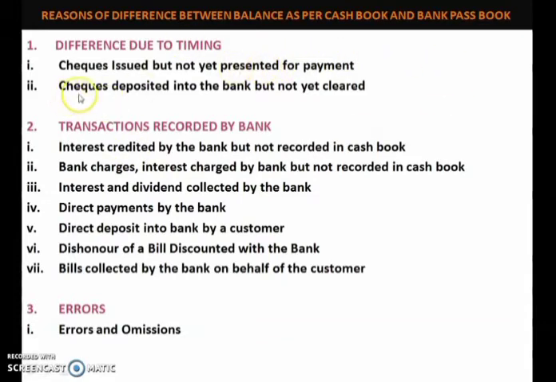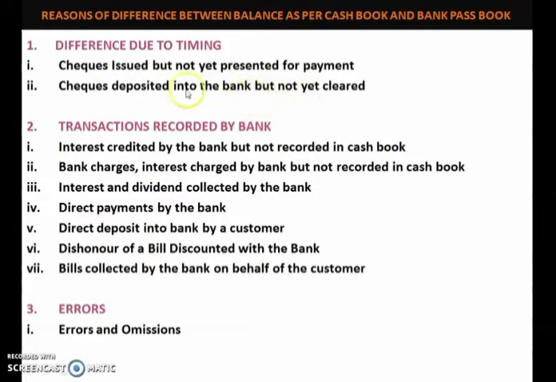Same is the situation when a check is deposited into the bank but not yet cleared. See children, we all know that in the bank we can deposit a check. But when we deposit the check, we have made an entry in our cash book receipt side, bank column, that the check has been deposited. But the bank has not recorded the same. In the deposit column, they are supposed to record it, but the bank didn't do that.